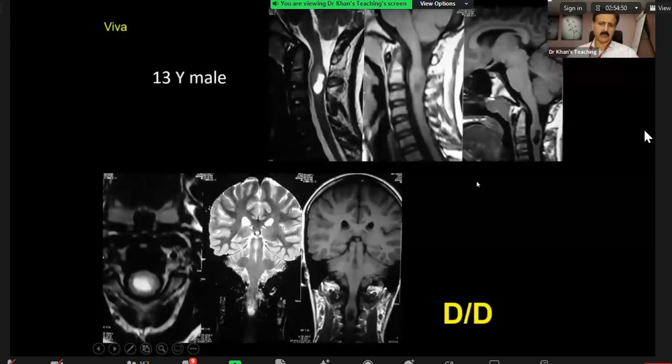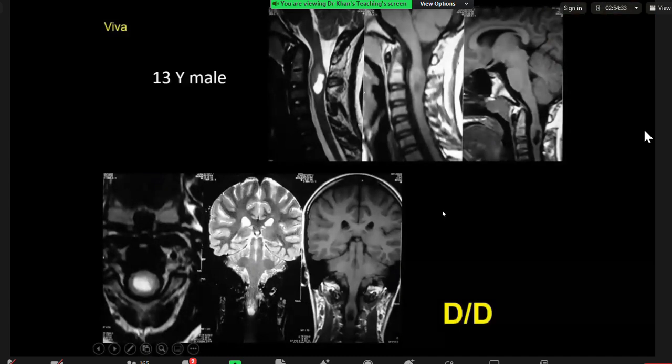Okay, candidate 1. This is T2, this is post-contrast, and this one is pre-contrast, T2, T2, T1. Over to you. Okay, so I'm presented with selected spot images of the cervical spine in a 13-year-old male patient.